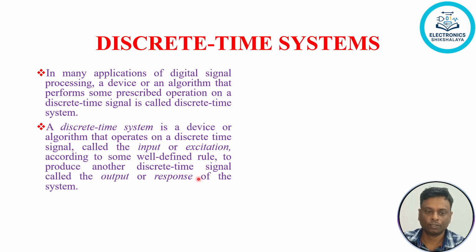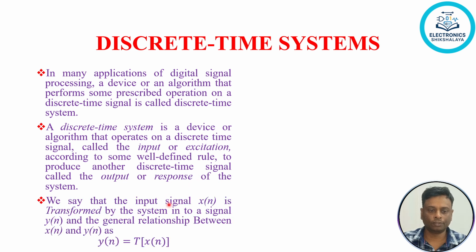We have an input signal x of n, a discrete time signal, and it is transformed by the system into another signal, y of n. The general relationship between the input and output is y of n equals T of x of n.